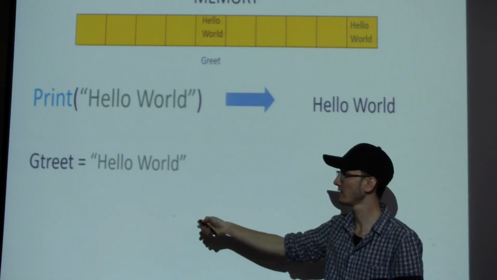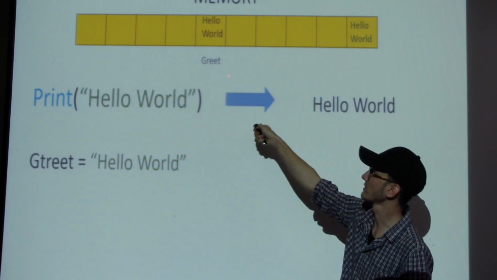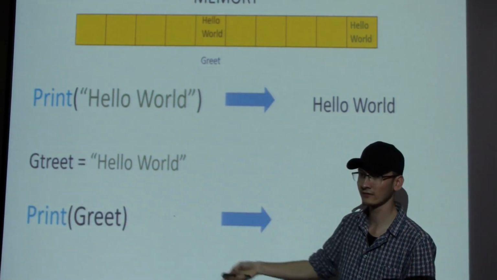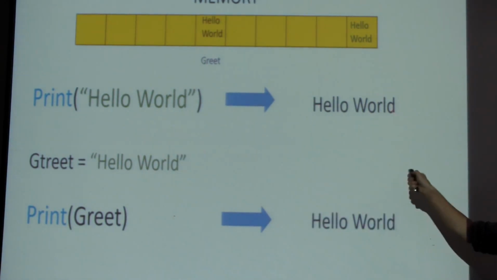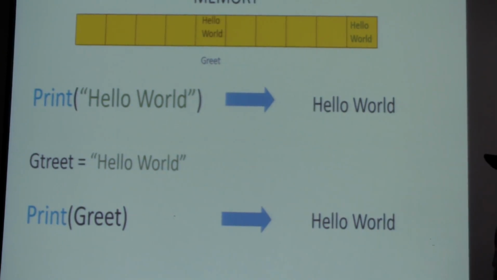This is string. Hello world goes to the memory of greet variable. If we print greet, hello world, the same. You see?